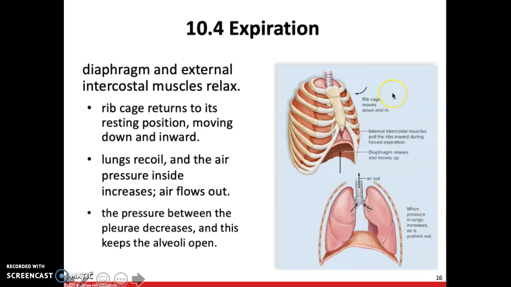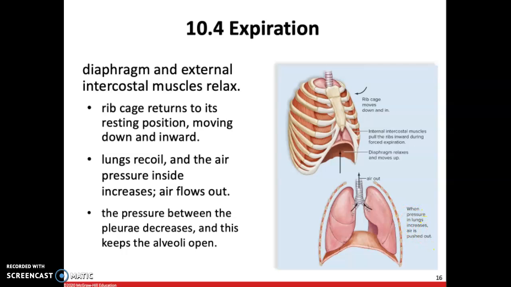The rib cage returns to its resting position, moving down and in. The lungs are going to recoil. The air pressure inside the lungs increases and air is going to flow out. It's like squeezing that balloon in, and air is going to release or escape.